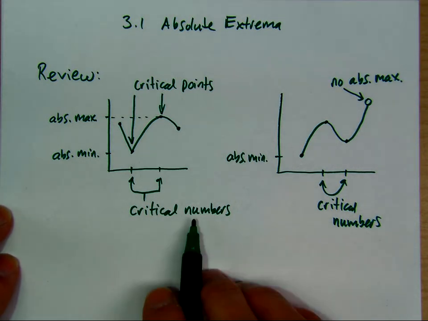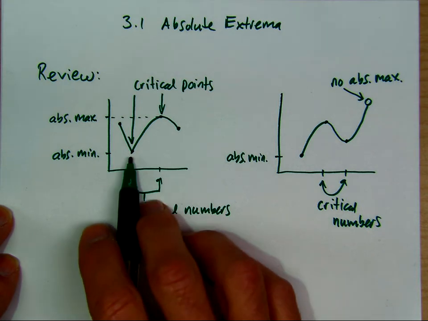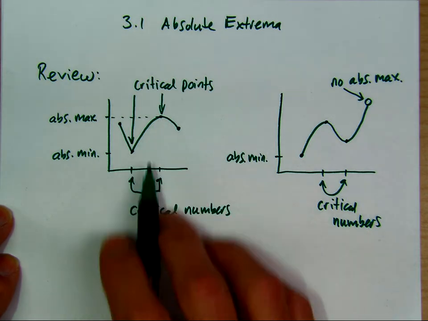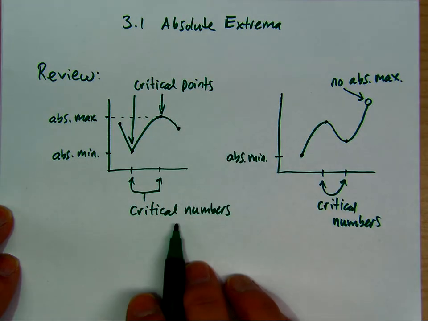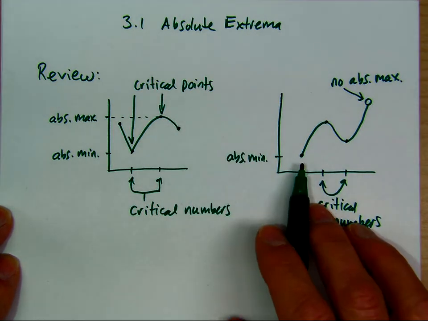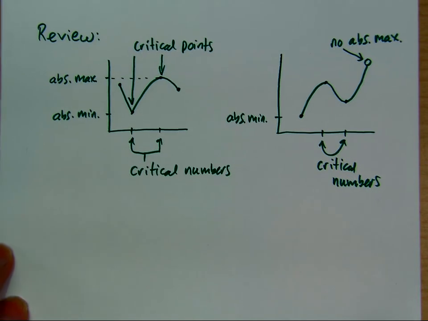So a critical number is where the derivative is undefined or 0, and absolute extrema occur at critical numbers or at endpoints. And that's how we're going to look for them without using a graph.